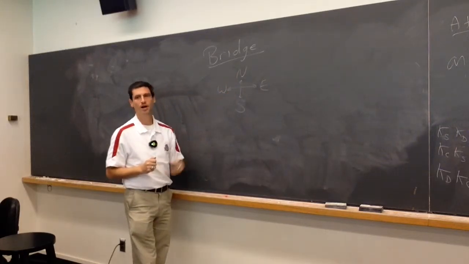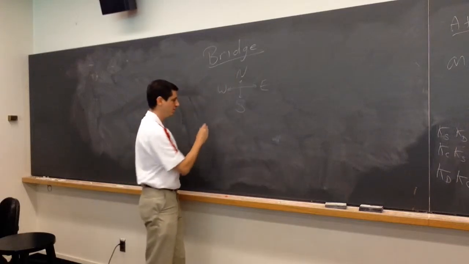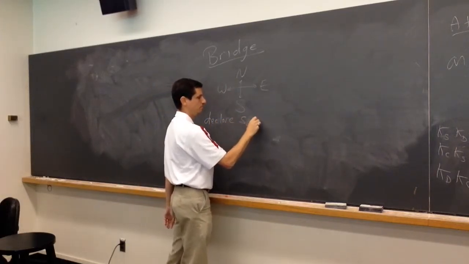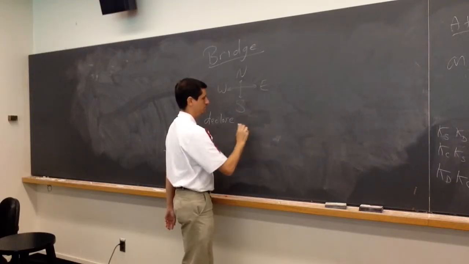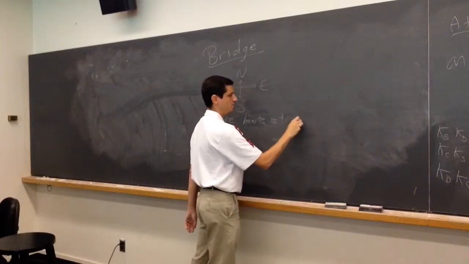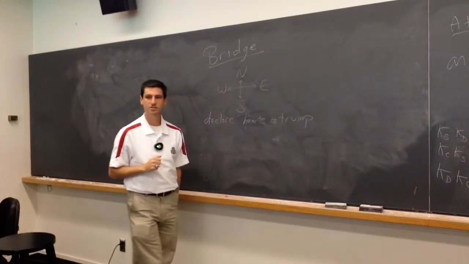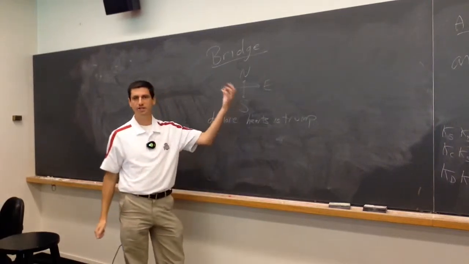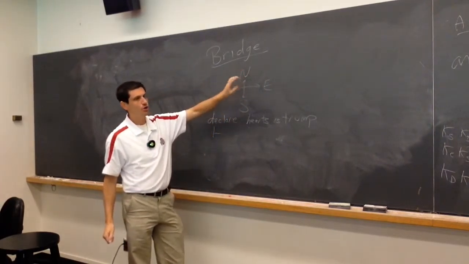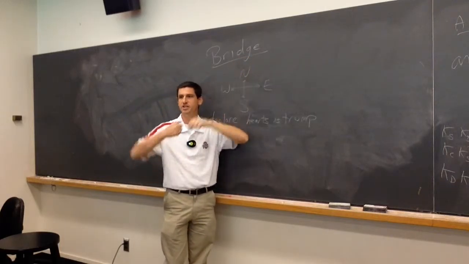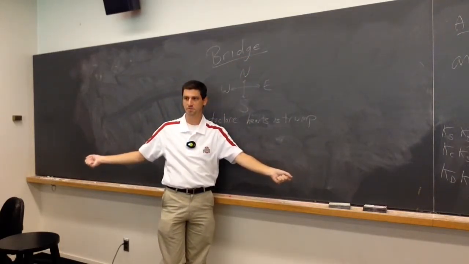So North and South are partners. Let's say North and South declare spades as trump. Optional hearts. I think I used hearts in the book. So they declare hearts as trump. The way bridge is played is once you declare, whoever bid the suit first, their cards are kept secret, and the other person's hand is exposed for the entire world to see.